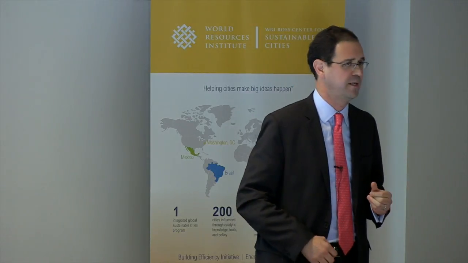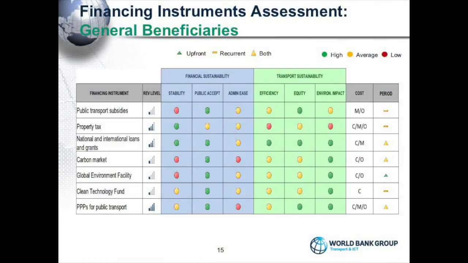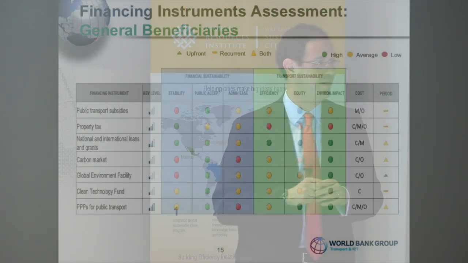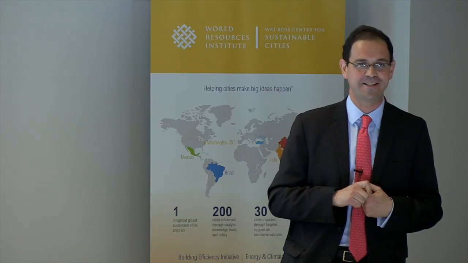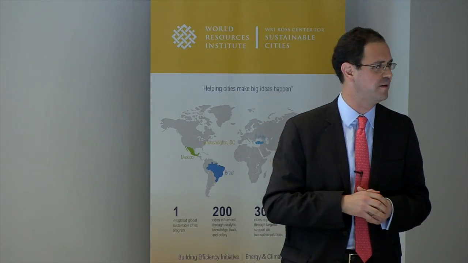So let me walk you through the first set of results. This table looks complex because it is, because it synthesizes a myriad of dimensions in basically a matrix. So we're looking at general beneficiaries, like the national government, the planet itself. I will explain why the planet is included here as a general beneficiary as we look at some of the financing mechanisms.